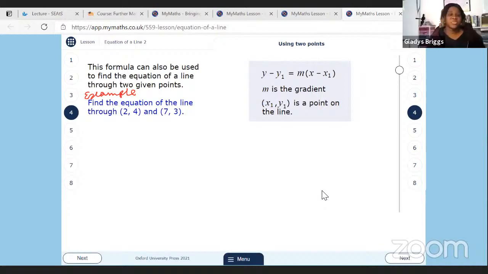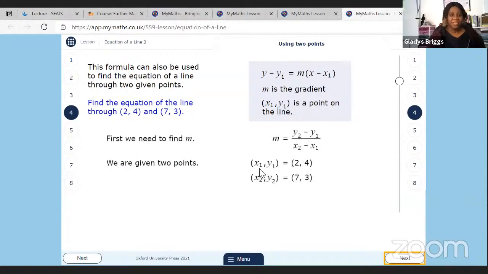Okay, so you got the question written down, and let's have a look at how you solve that question, okay? Yeah, so you got the formula, m is equal to y, so that's the one we use to work out the gradients, okay? Because you have the 2 points, but you haven't got the gradients this time, yeah?